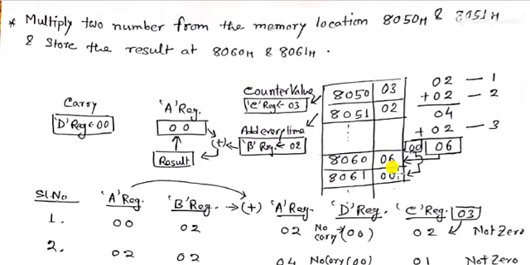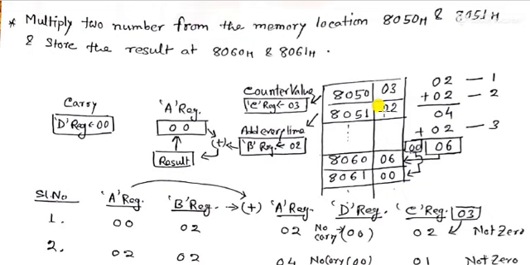First of all, we have to know how the multiplication process is performed in 8085, that is, how the 8085 multiplies two numbers without any dedicated multiplication instruction.